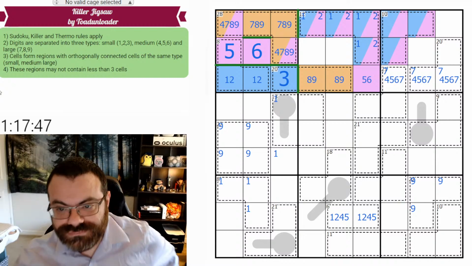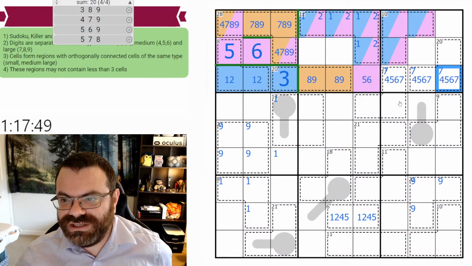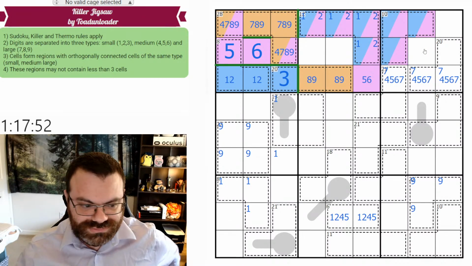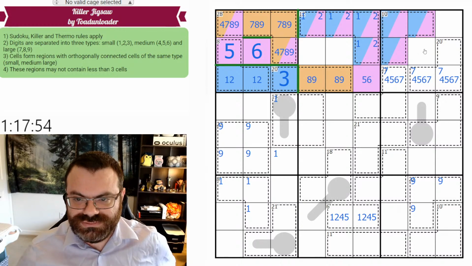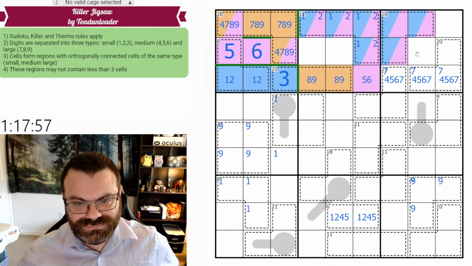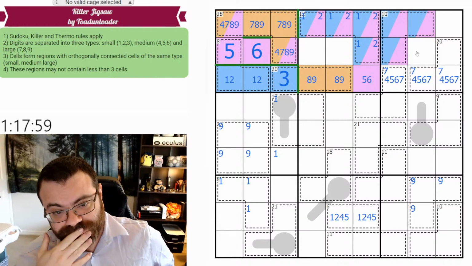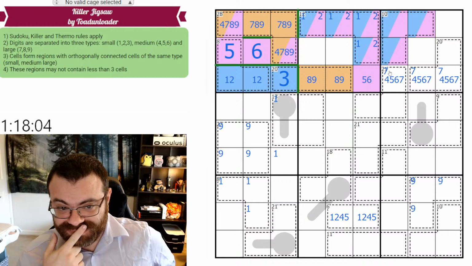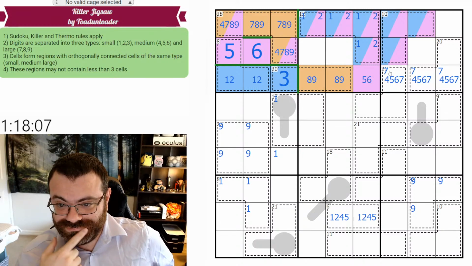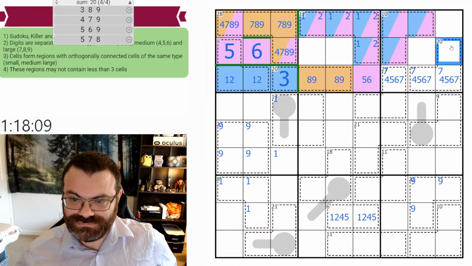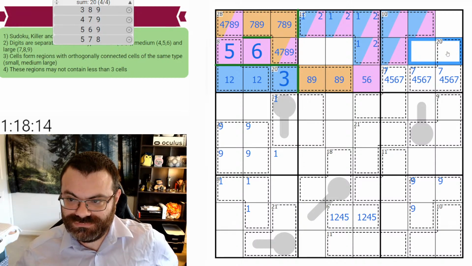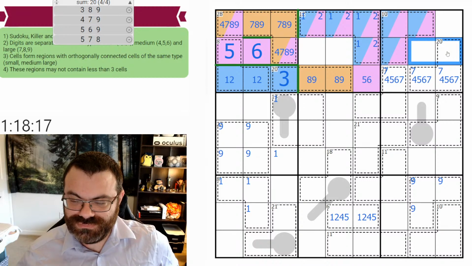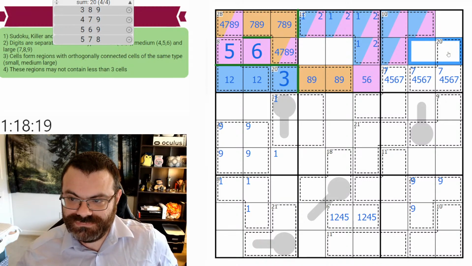So we either have a 7 in this cage or this cage. Both seem plausible. The 20 cage needs an 8 or a 9.